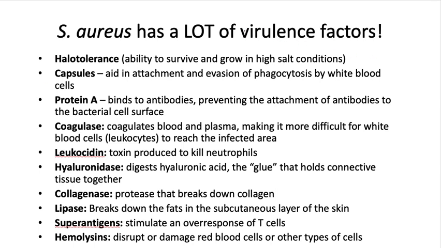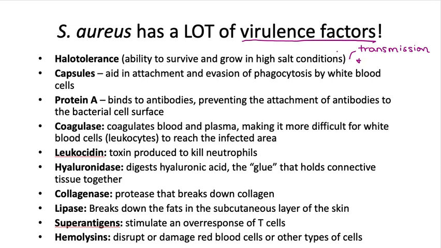And so remember, in order to be a virulence factor, it's going to participate in one of those 5 stages of infections. Halotolerance helps with transmission. If being halotolerant helps it survive longer in the environment, then that will help with transmission.